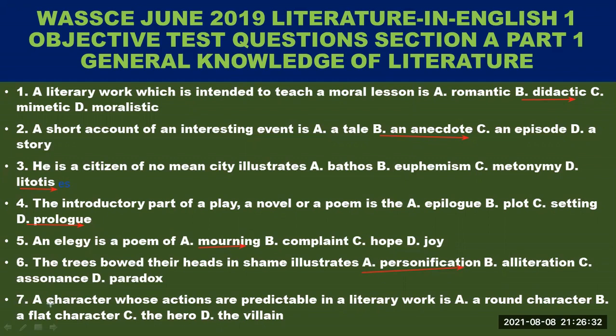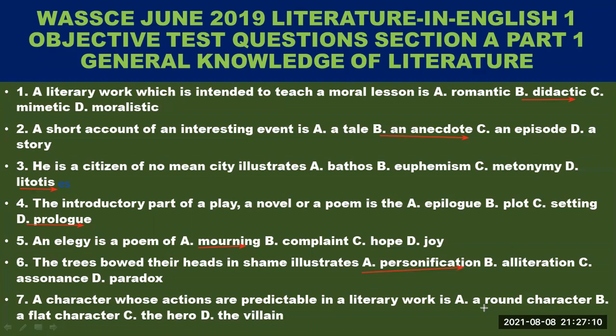Now, question number 7, a character whose actions are predictable in a literary work is a round character. No, a round character is a character that undergoes a change, a transformation in a work of art. So for instance, if a character at the beginning of the story or play or any literary work is seen as a wicked person, but towards the end it changes in character, then of course that becomes a round character.